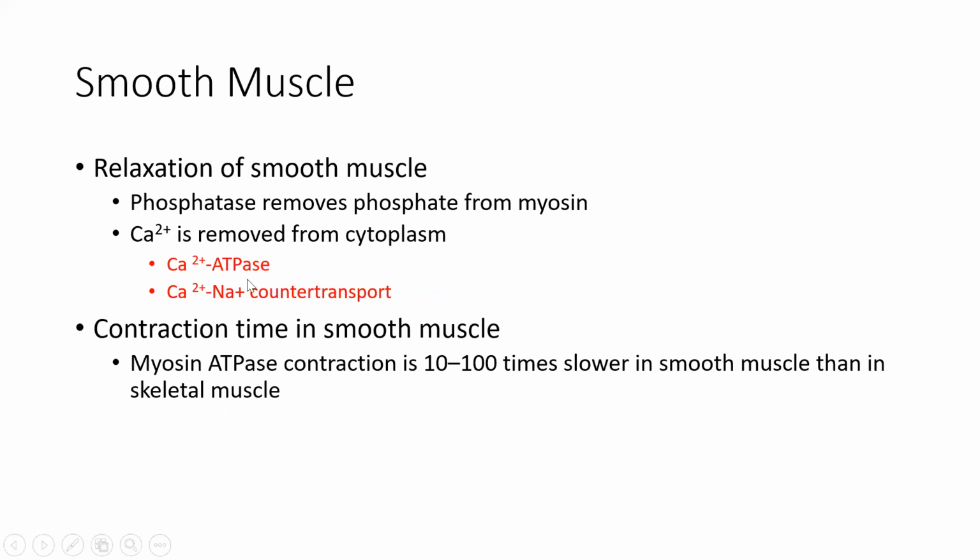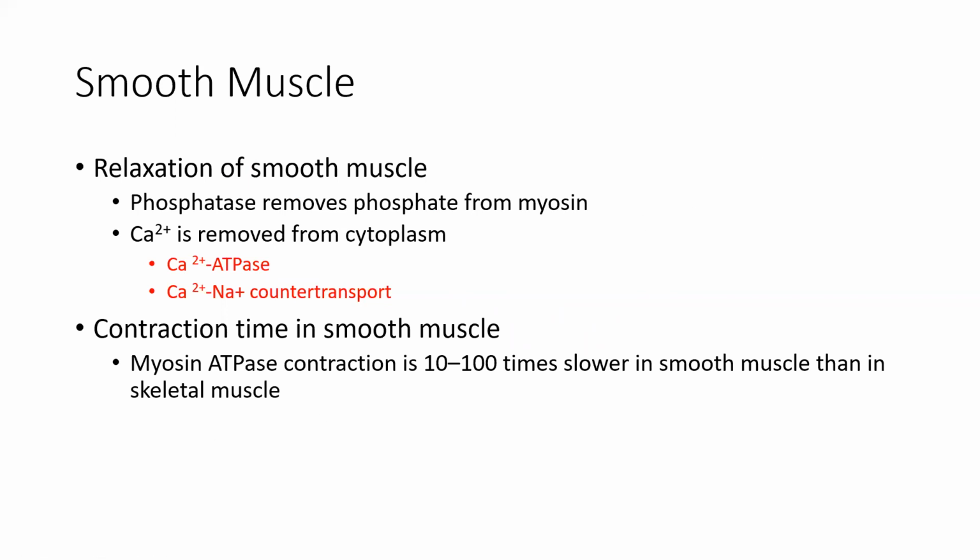There's a calcium-sodium countertransport, or calcium-sodium exchanger, that exchanges calcium for sodium. Remember, sodium wants to get into the cell according to its electrochemical gradient, and remember what countertransport is: it's a secondary active transport mechanism. So we're simply going to take the energy from sodium trying to get into the cell and use that energy to pump calcium out of the cell.